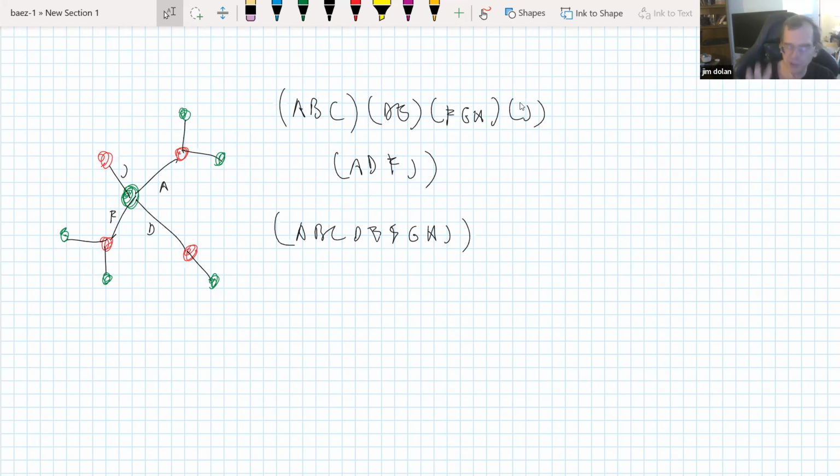But I haven't successfully articulated what the green constraint is that makes it different from the red. So the green constraint is all about the zeros of the polynomial. The red constraint is all about the ones of the polynomial.